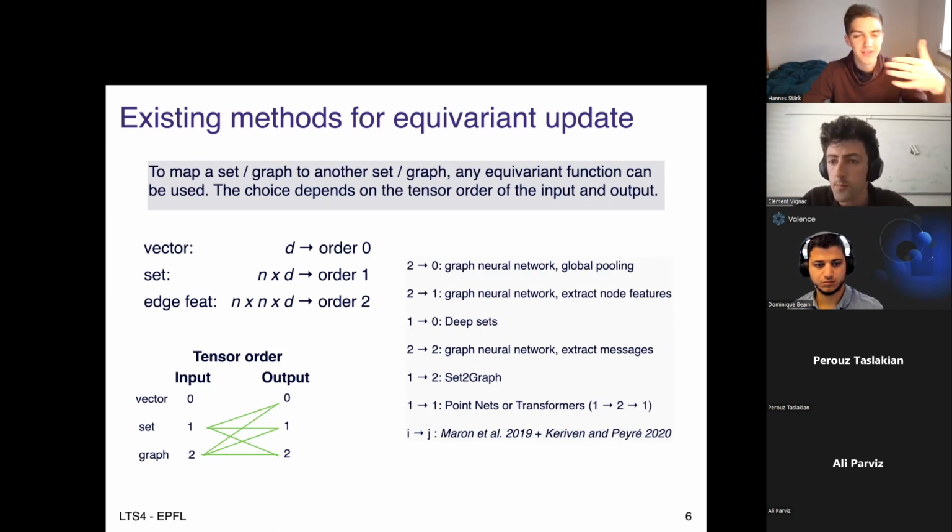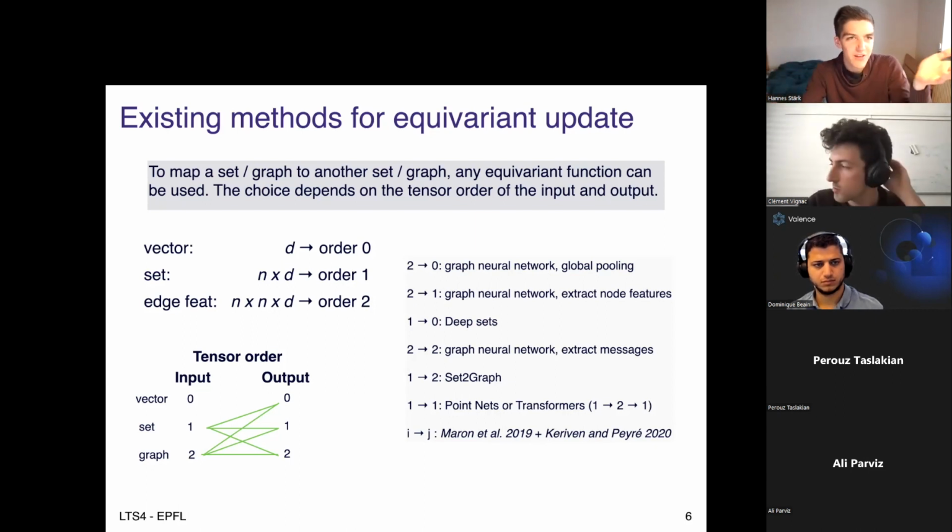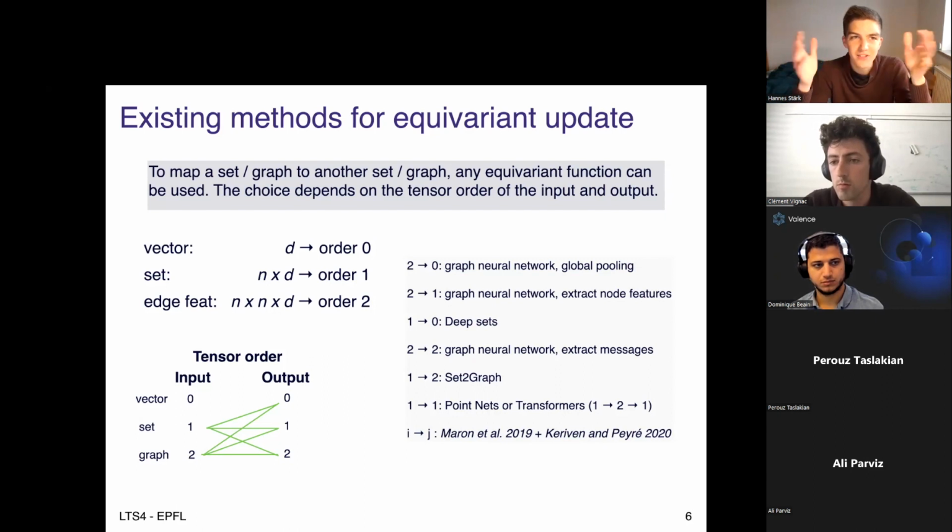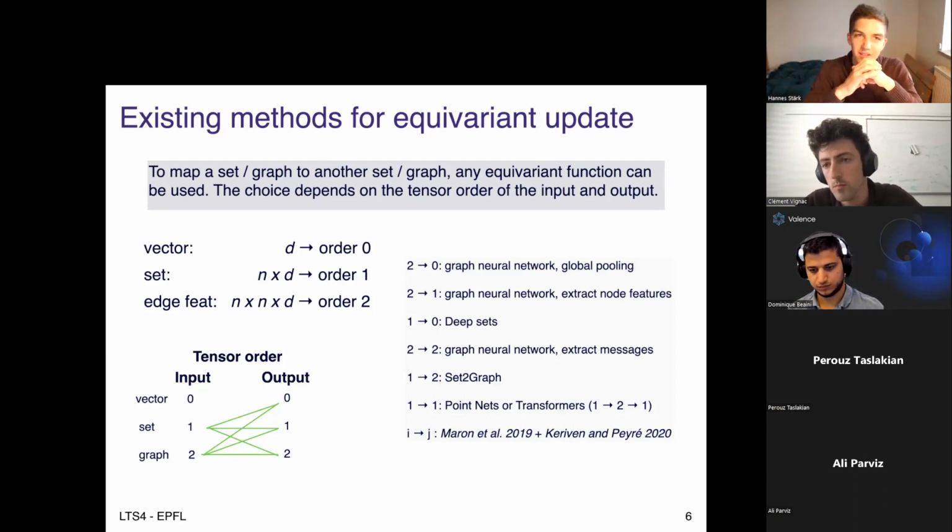Yes? Is that necessarily the best way to generate a graph, to first generate a set and then do set to graph? Maybe it's better to create the edges and the nodes at the same time, because then the nodes also know about the edges that are going to be created, so to say, and not only the edges know about the nodes.